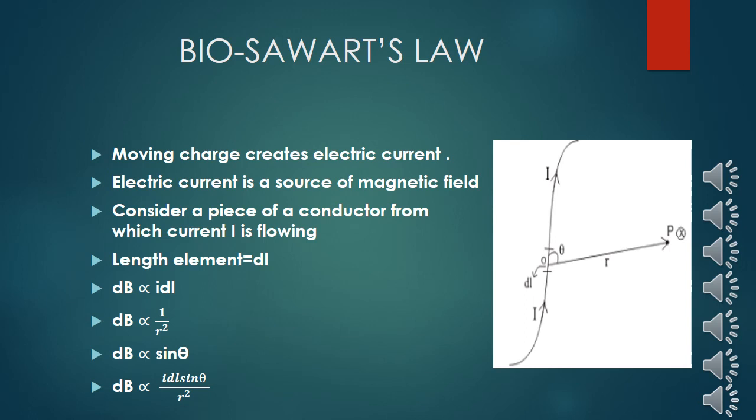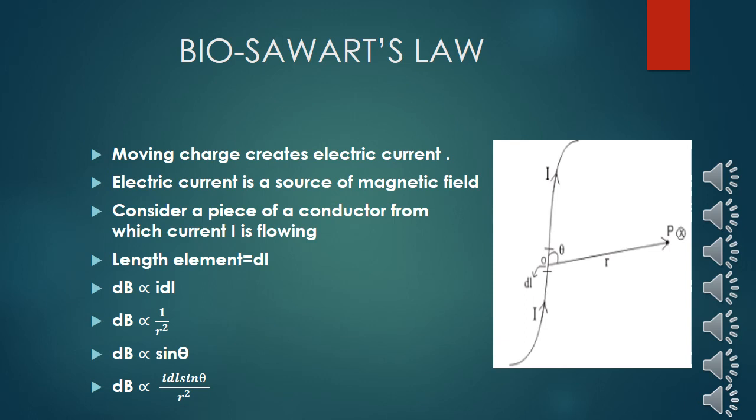We can call this length element dl the current element, and all such small elements put together make up the conductor. So this current element is the preliminary thing which is responsible for creating the magnetic field.